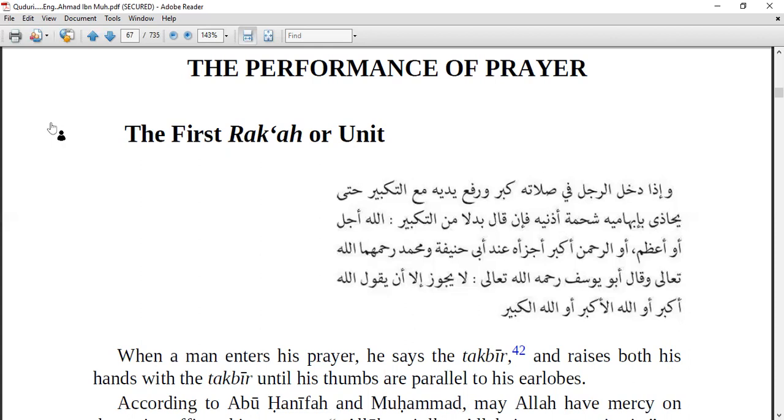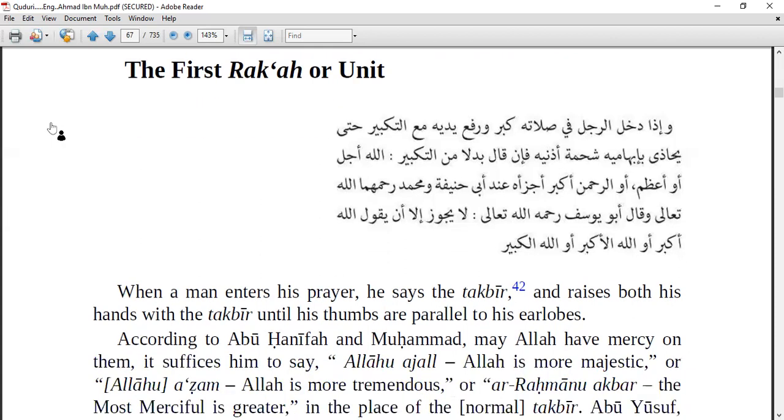So takbir literally means to say Allahu Akbar. But what if you say something else which gives a similar meaning, but it's not Allahu Akbar? For example, in qala badalam min takbir, if someone says something other than takbir, let's say they say Allahu Ajal, Allahu A'zam, Allahu Ar-Rahman, or Ar-Rahman Akbar, right?